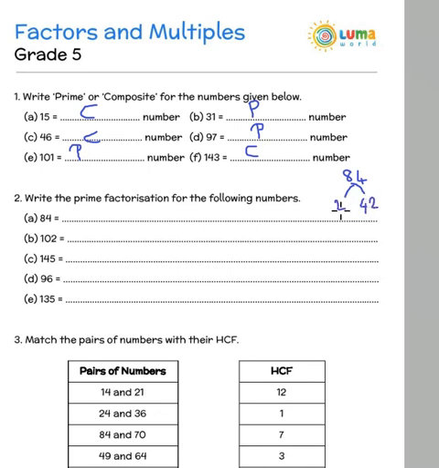Now 2 is a prime factor, we know, so we can stop there. 42 is split and written as 2 multiplied by 21. Again, 2 is a prime factor, so 21 can be split and written as 3 multiplied by 7. So you know that the prime factors are 2 into 2 into 3 into 7. So you write it out here.